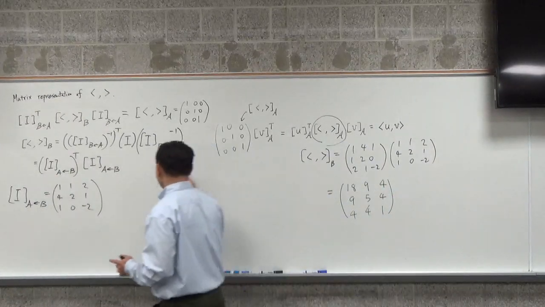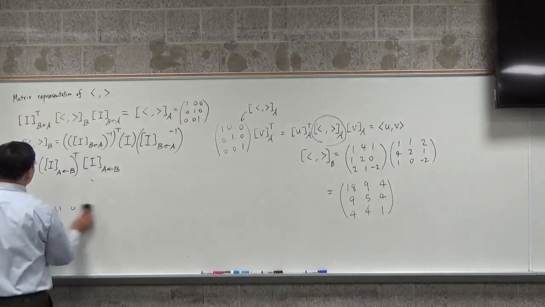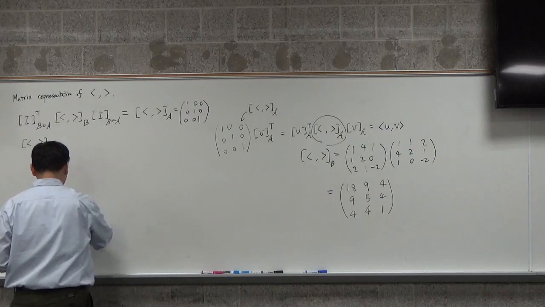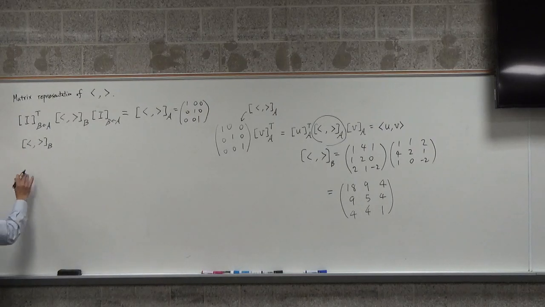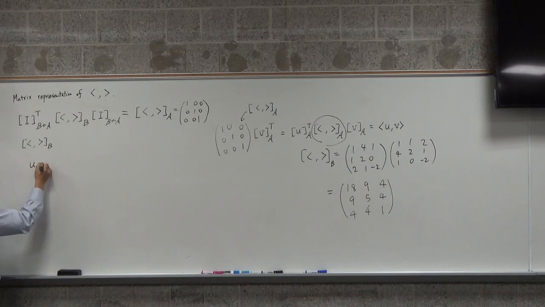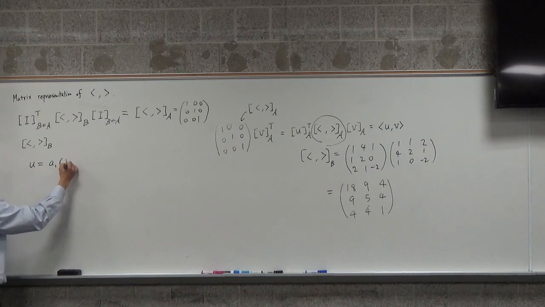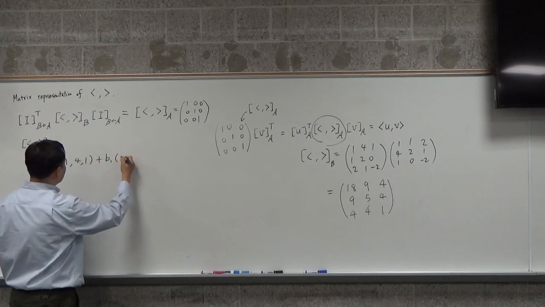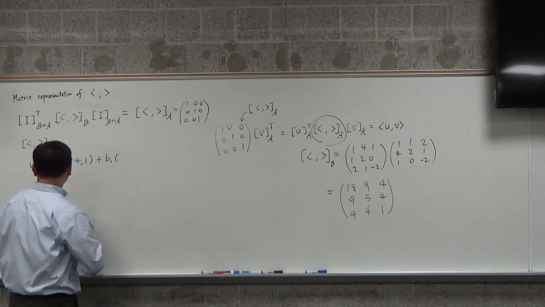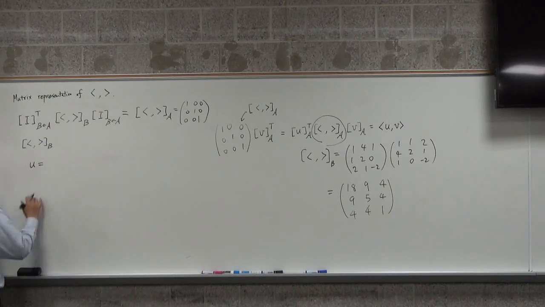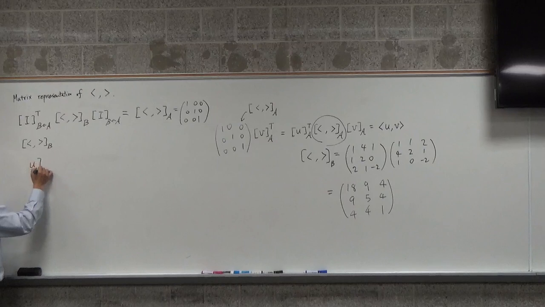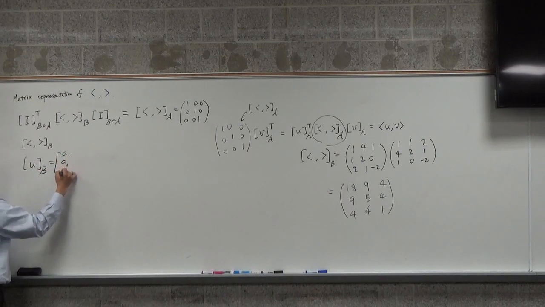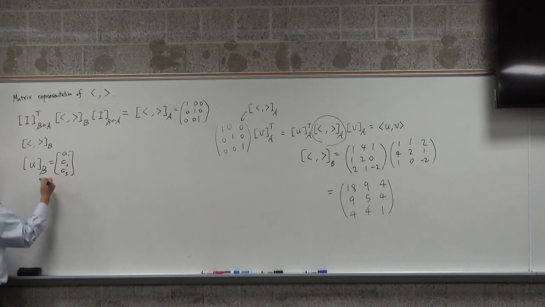I guess that's the thing that you should also know. What do I mean when the inner product is like that? Well, it means that, let's just say that u is a vector where if you write this under basis B you get A1, A2, A3.